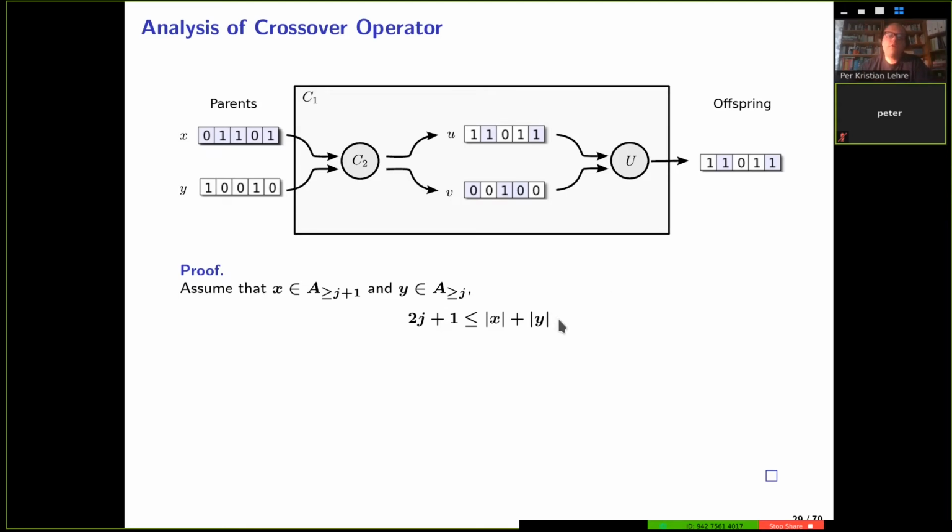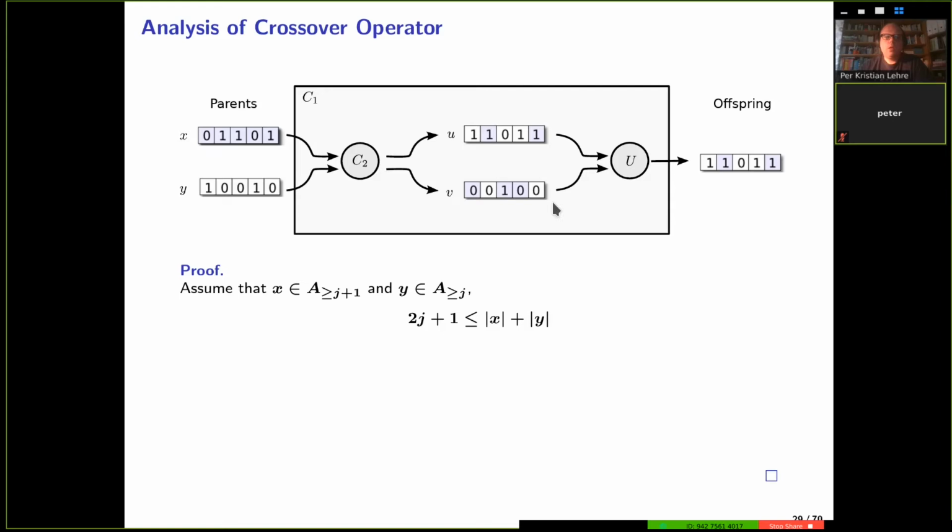The first difficulty we need to face when analyzing this algorithm is how to deal with crossover. Let's say now we have two individuals: an individual x in level j plus 1, and an individual y in level j or higher.